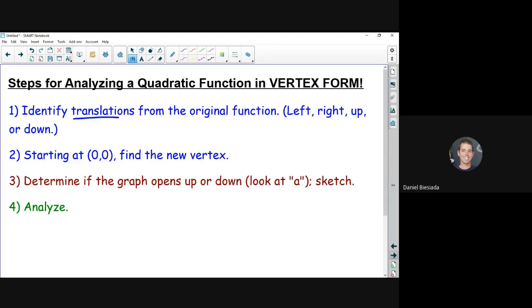Then in step 2, we're going to find the new vertex using 0, 0 as our starting point. We'll see how that works in a second. In step 3, we'll determine if the graph is opening up or down, looking at the number at the very front. Then we'll draw a quick sketch, not a very accurate one, but enough to analyze, which is what we'll be doing in step 4.